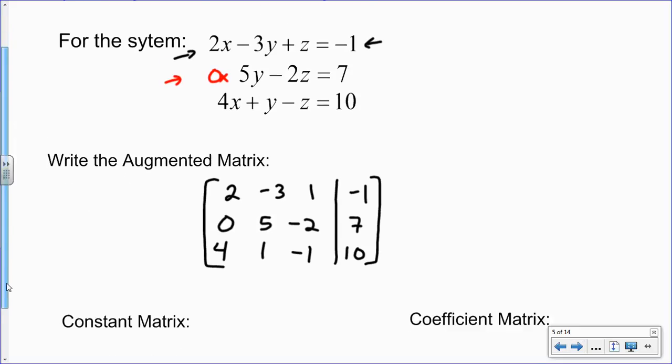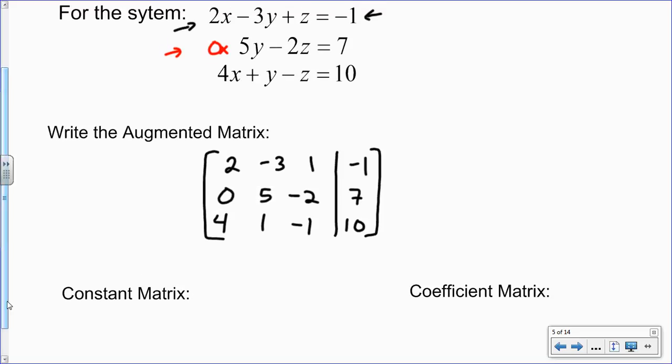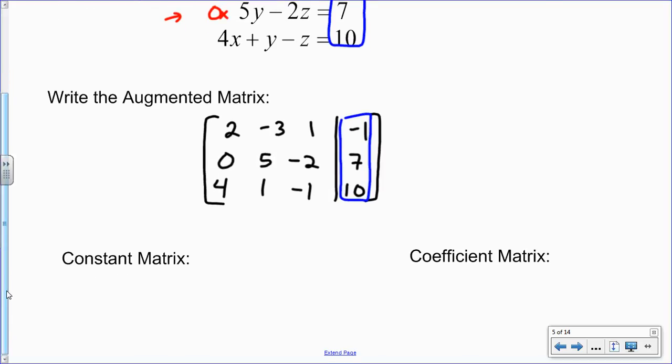Okay, then we can separate the parts of this augmented matrix into our constant matrix, which is the numbers without variables in our original system. So these numbers don't have variables. So that's negative 1, 7, and 10.